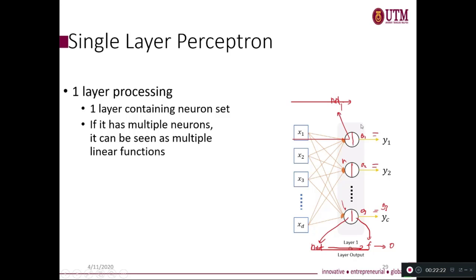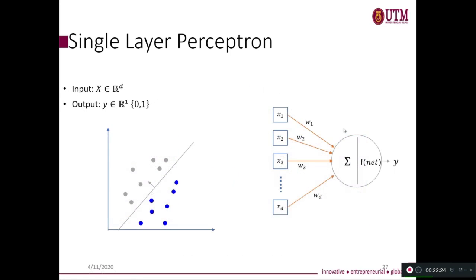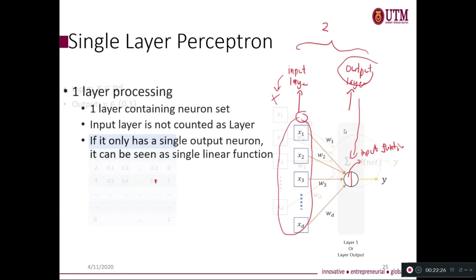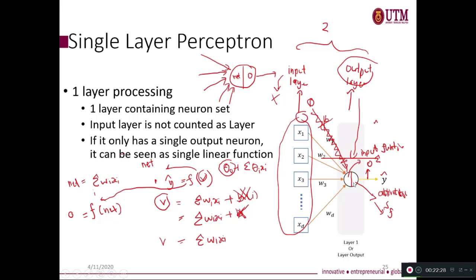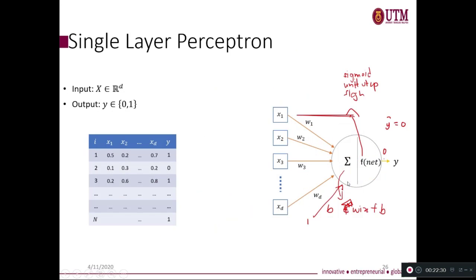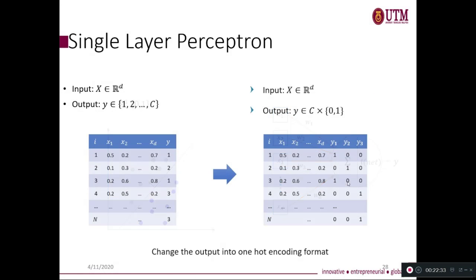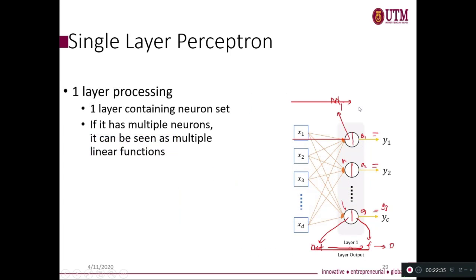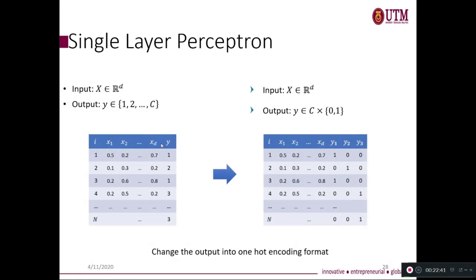Now you are changing from this architecture, which consists of only one neuron, into several neurons at the output layer. So why does that happen? How many neurons inside this output layer depends on how many classes, because normally if you have 3 classes, you should have 3 outputs there.